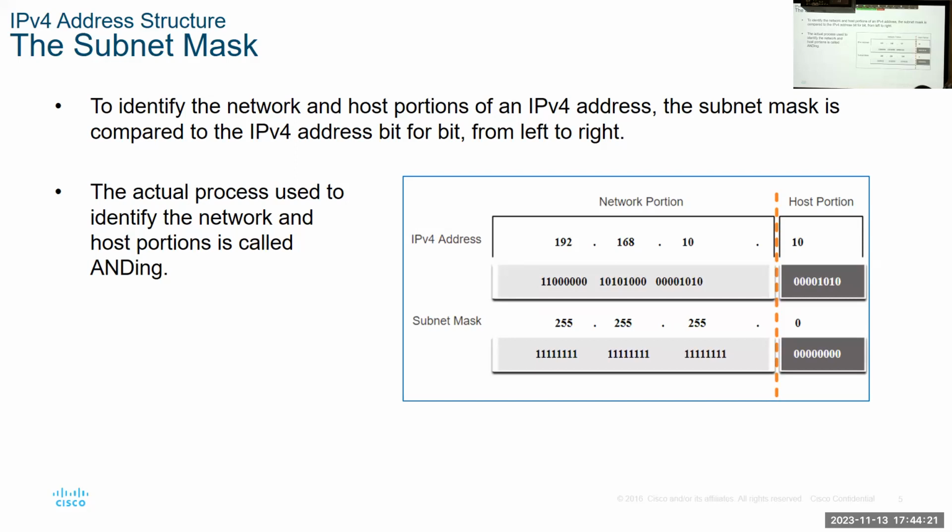Because it could be, I mean, it could be 7. 7 is the last 3 bits, and if the host is only 3 bits and it's 111, then the value of the broadcast address is simply 7. So that's what you have to remember: it's all the host bits being 1 or all the host bits being 0, not necessarily an entire octet full of them.